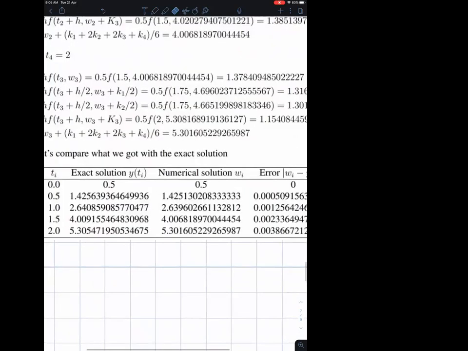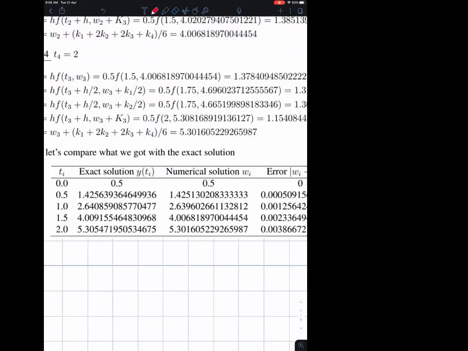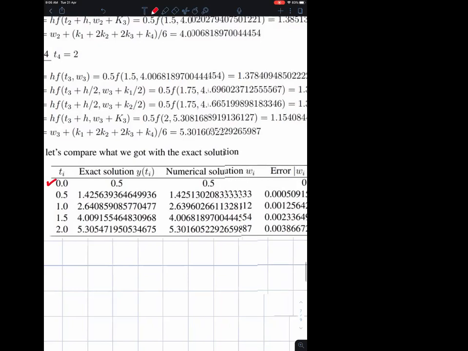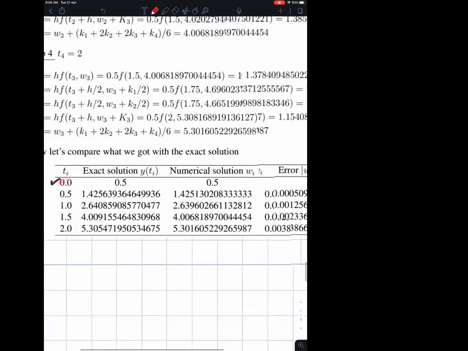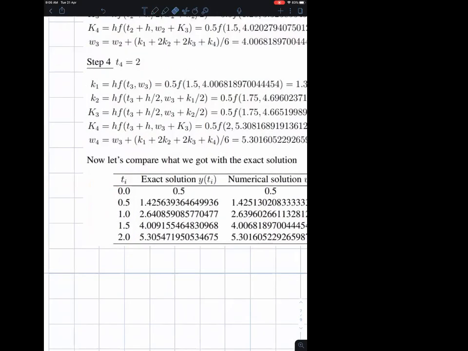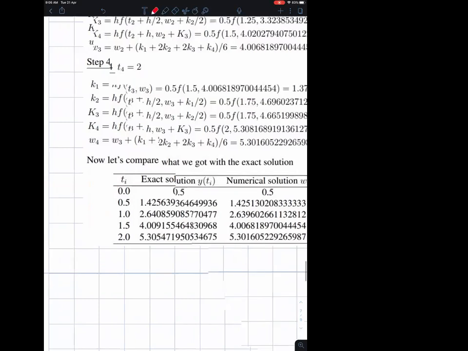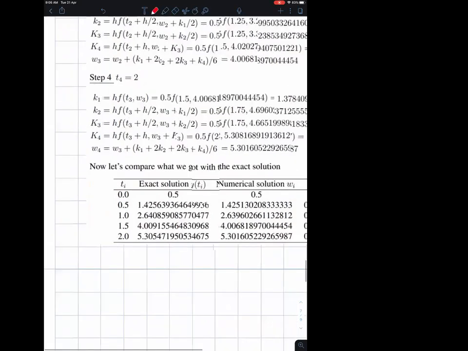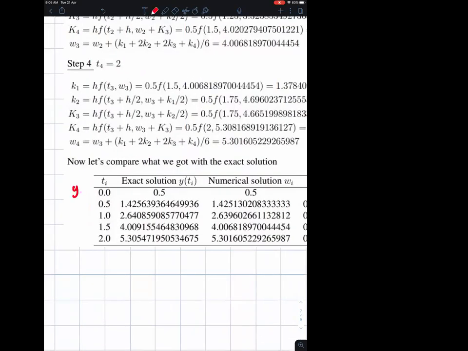For your case, you're only going to do the first part, for y1. Maybe this is like y2. This is y0, this is y1, y2, y3, and y4, something like this. But I'm just asking for y1.